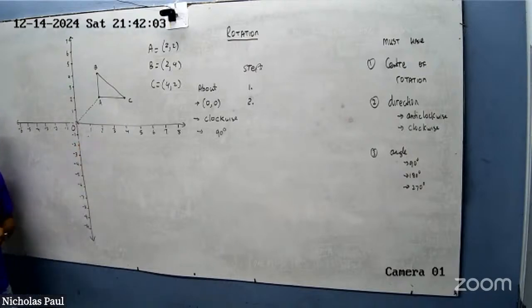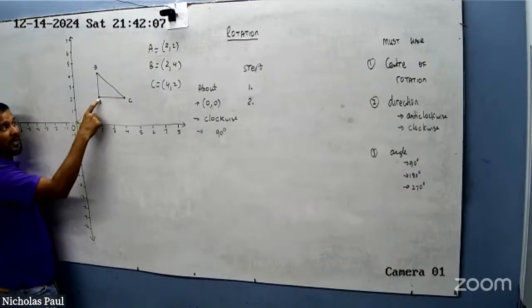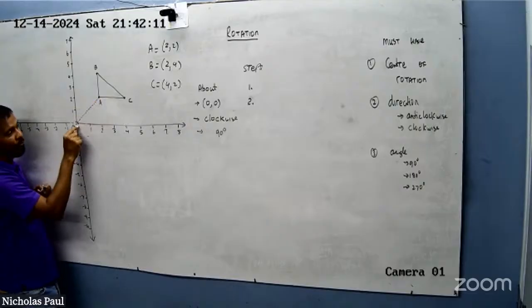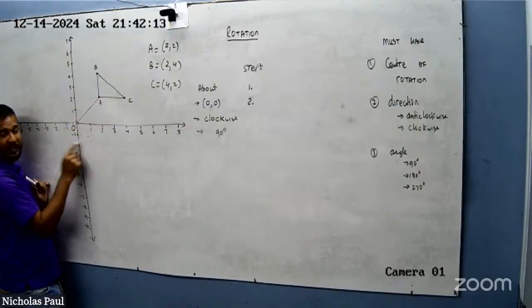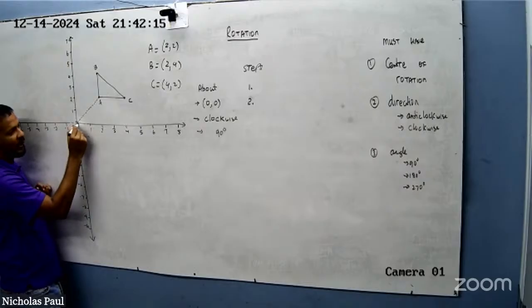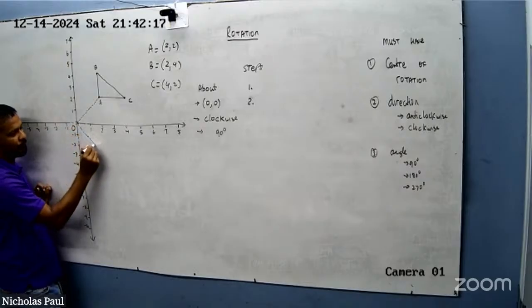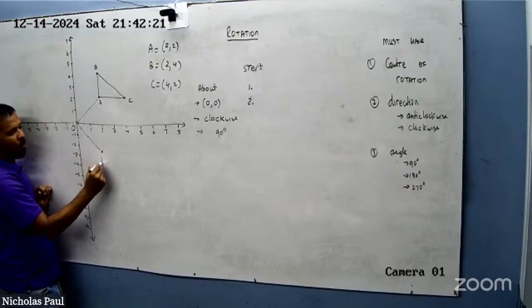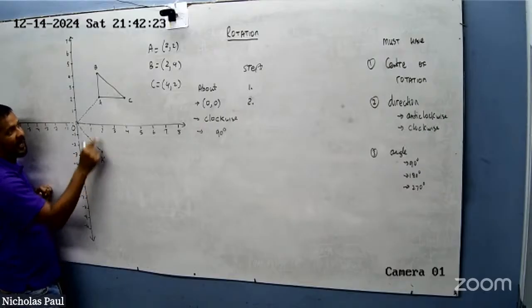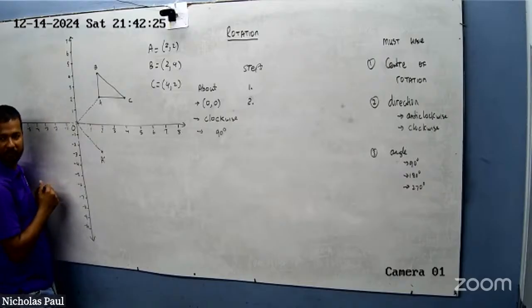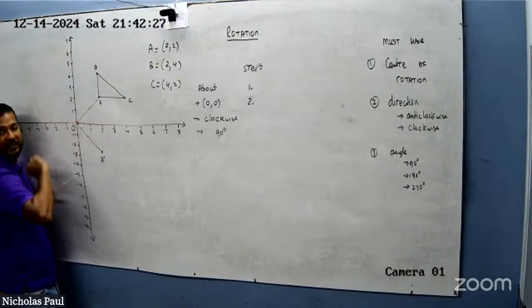Here's the part where people make mistakes. You all remember the length of this line? Now, from the center, through this point, you're drawing a line of equal length, and call that A prime. So this length and this length are the same thing.